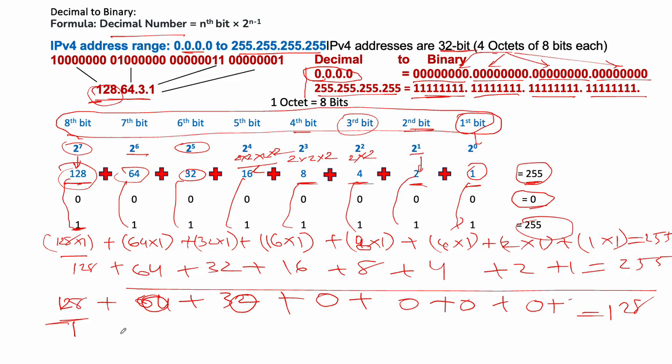So what is your value here? You set the first 8th bit as a 1 and the rest all 0: 7th bit 0, 6th bit 0, 5th bit 0, 4th 0, 3rd bit 0, 2nd bit 0, first bit 0 is equal to 128.